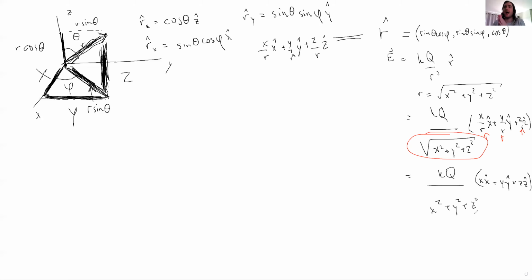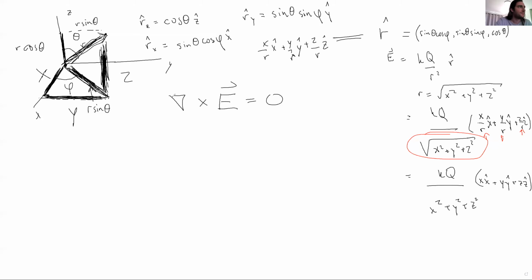Okay, and now we've finally got this thing in a form where we can calculate the curl in terms of the cross product, this del operator with the electric field, and see if it equals 0. Not set it to 0, but see if it equals 0.